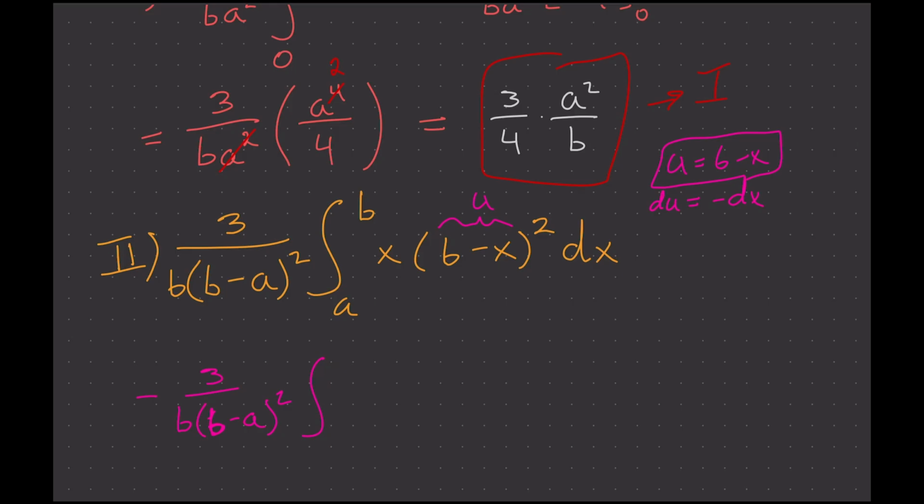Okay, you know what? We're going to keep going with this. 0, here we had b minus a, and b minus a is a bigger number than 0 because b is bigger than a. All right, now what we could do is replace this x over here by using this equation. And how we do that is we move x on this side, we move u on that side. So x is equal to b minus u.